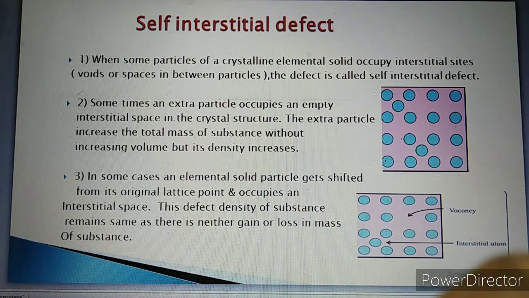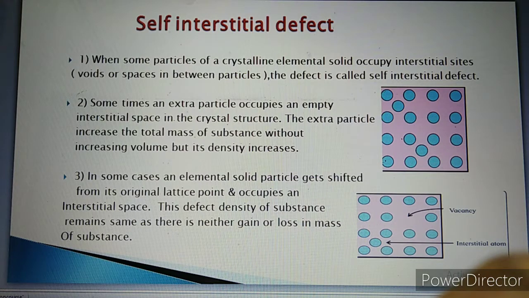Due to this defect, the density of the substance remains the same because the particle count is not increasing, and there is no loss or gain of particles. Only the particle is shifting from its regular site. Therefore, in this defect, the density remains the same as there is neither gain nor loss in mass of the substance. This defect is called a self-interstitial defect.